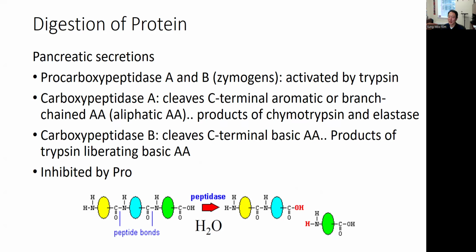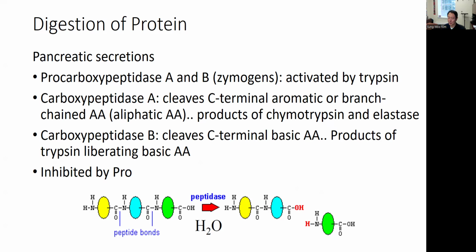Whereas the carboxypeptidase B, it will look for the basic amino acid on the carboxyl end of smaller peptide. Okay? So if you remember trypsin, this trypsin will cut the peptide bond on the carboxyl side of basic amino acid, lysine, arginine, histidine. So creating the small peptides ending with arginine, lysine, and histidine.